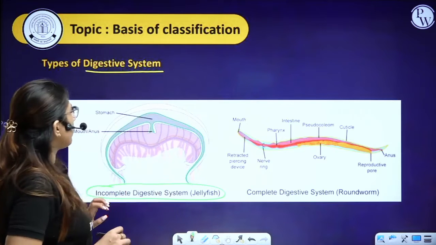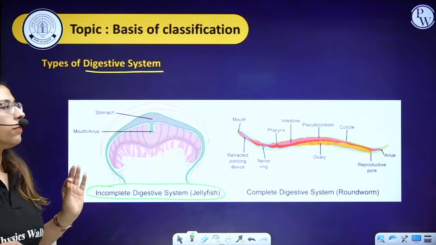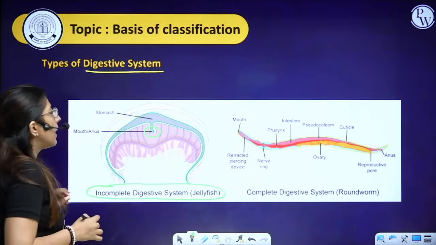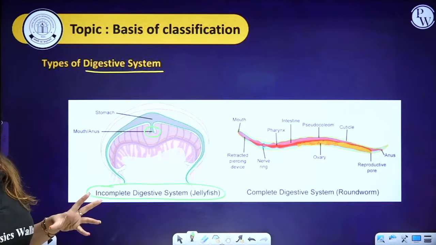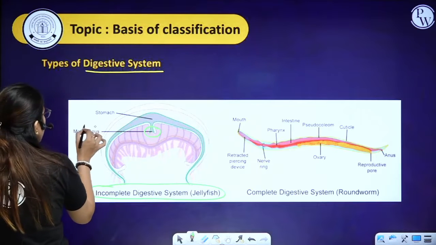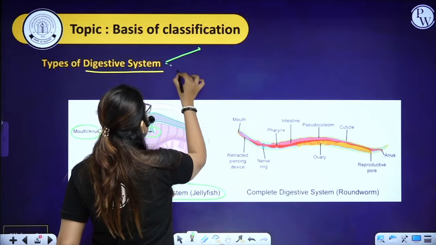So in case of an incomplete digestive system, what does that mean? They just have one single opening, and this single opening acts as mouth as well as anus. So we have two types of digestive system.